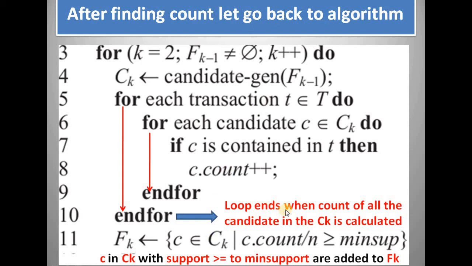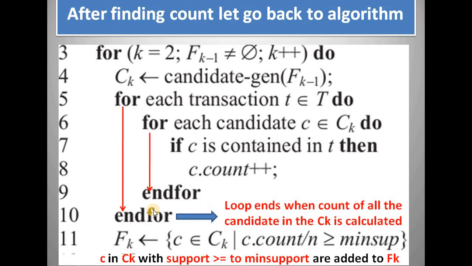So the loop ends when the count of all the candidates in CK is calculated. This process will stop when I have found the count for all the candidates in CK. This shows for all the candidates in CK, and this shows for throughout the whole transactions. So this whole process continues until I take the count of all the candidates in CK.